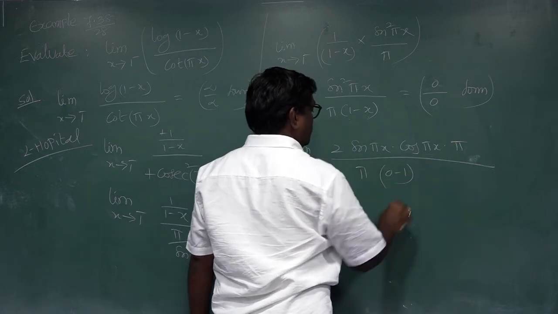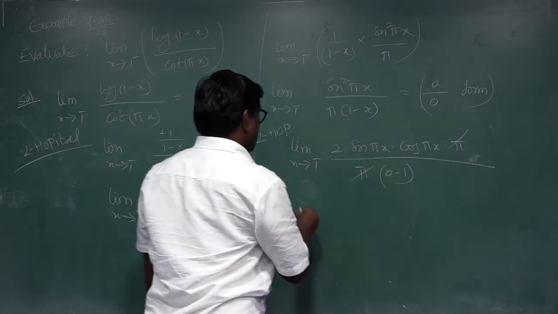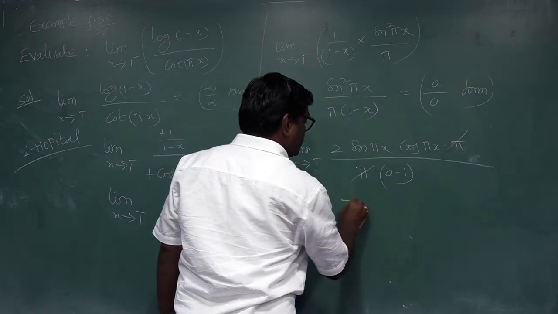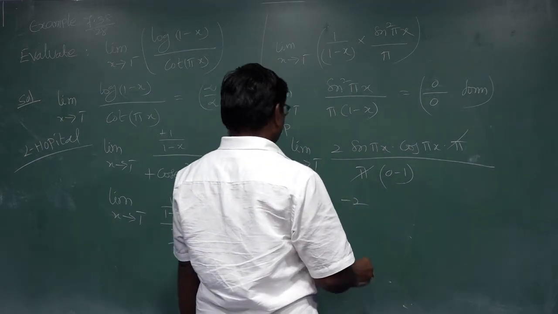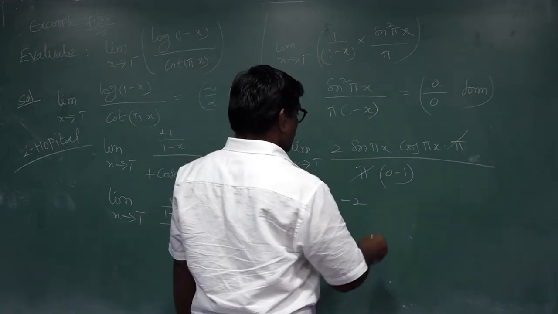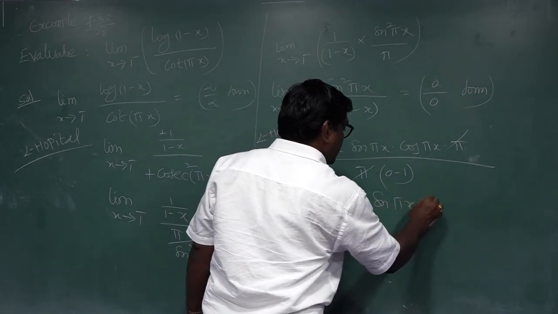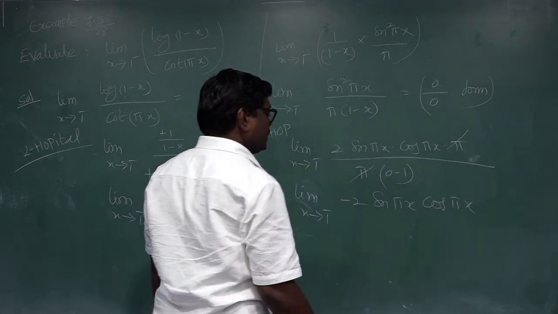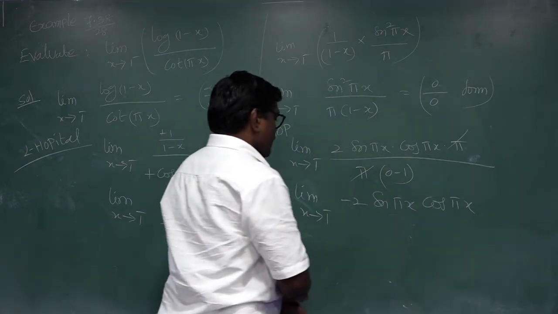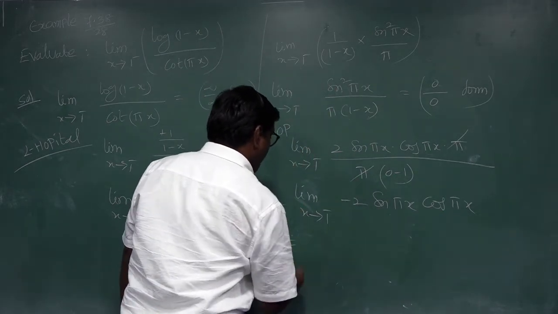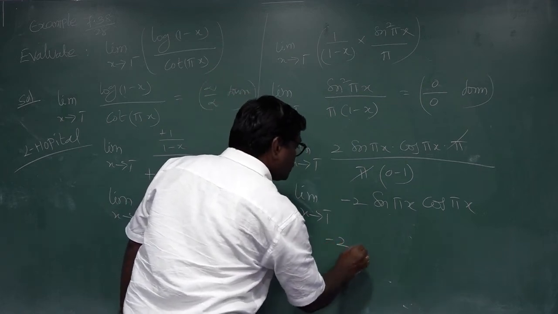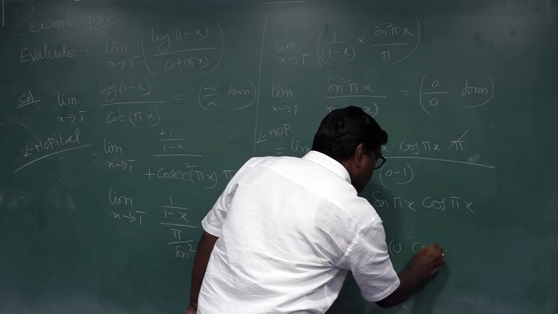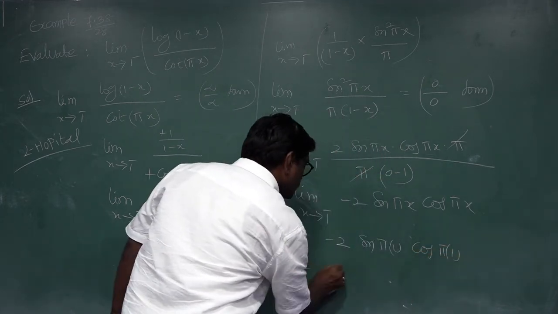The pi cancels, so the limit x tends to 1 minus of minus 2 into sin of pi x into cos of pi x. Applying the limit, the value is minus 2 into sin pi cos pi.